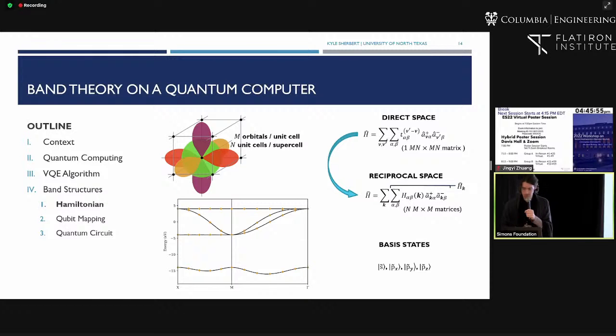And the most important thing that we find when we do the transformation into reciprocal space is that the sum becomes a bit easier. We've now found that we only need to sum over 3 indices as opposed to 4. So this inner sum actually forms its own independent block. It's like the difference between having a million by million matrix and a 100,000 10 by 10 matrices.